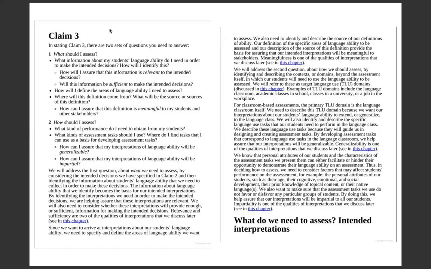What kind of performance do I need to obtain from my students? Written performance, something like that. In this case, written, because I understand that the ultimate goal here is that your students learn to write. For example, a paragraph, essay, descriptive paragraph, opinion paragraph, etc. You name it.